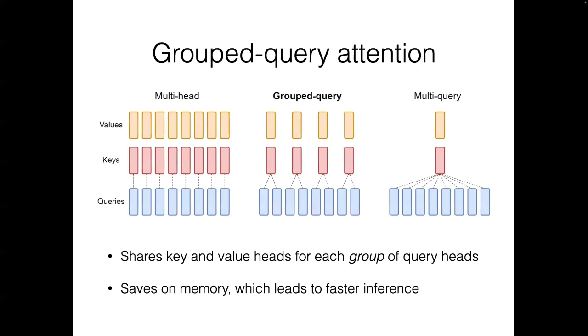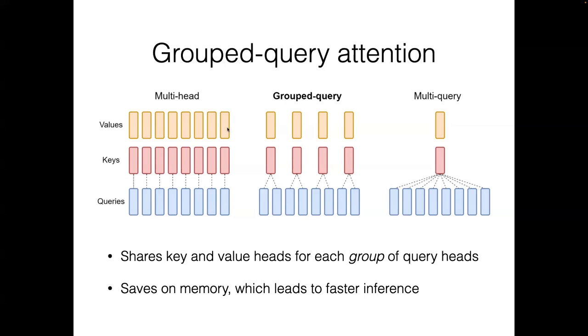Okay, and then the final one is called grouped query attention. On the left here, I'm visualizing what we have in multi-head attention. Each box corresponds to a head. Here the model has 8 different heads. And in standard multi-head attention, you would have 8 query heads, 8 key heads, and 8 value heads.